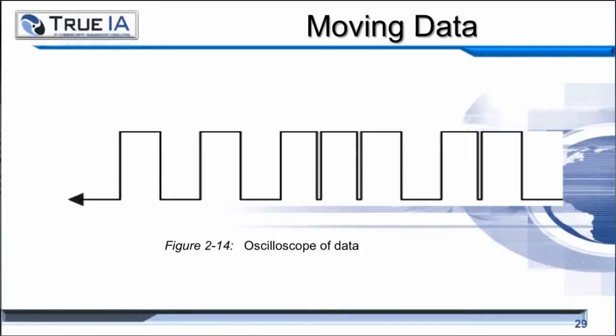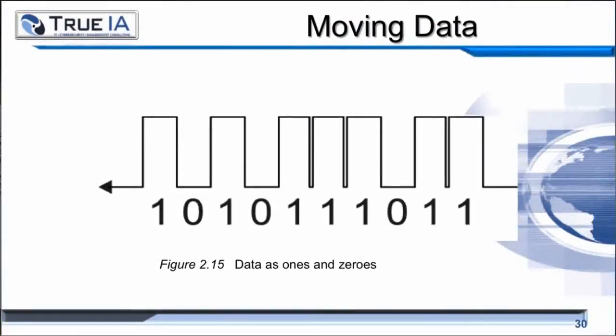And understand, your computer only understands zeros and ones. So the same oscilloscope data now to your computer looks like this. Each up wave tells the computer that the bit is turned on. A down wave, the bit is turned off. So 1 0 1 0 1 1 1 0 1 1 matches the waves of the oscilloscope.